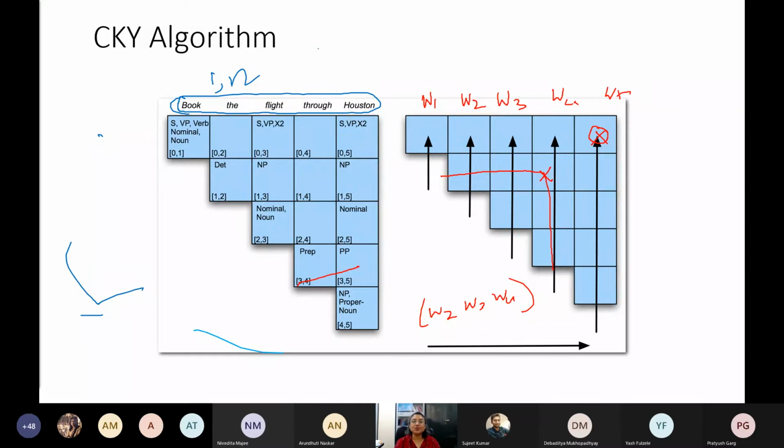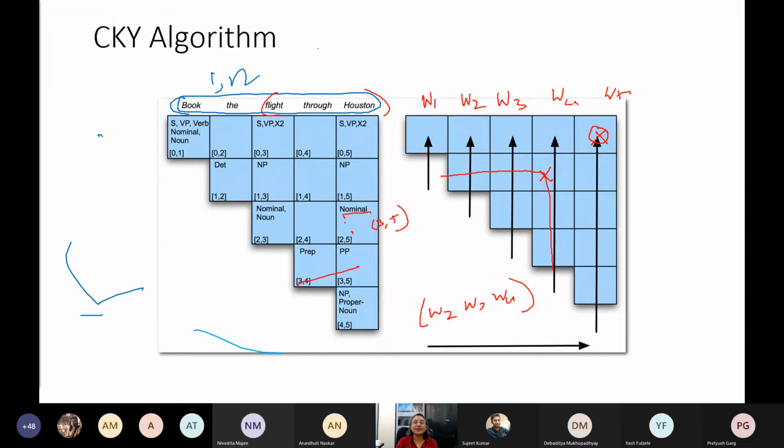Now, what we are going to do in CKY parsing, we are trying to find out for every cell what constituents the cell can correspond to. And we will look at the algorithm, but just as an example, let us say this is cell 3, 5, or 2, 5 if you start from 0, 1, 2, 3, 4, 5. So it corresponds to the phrase flight through Houston.